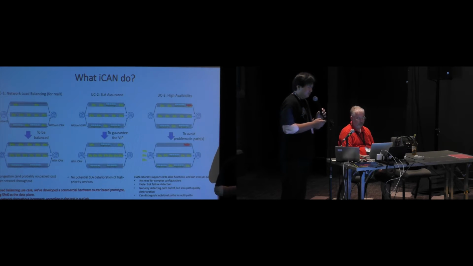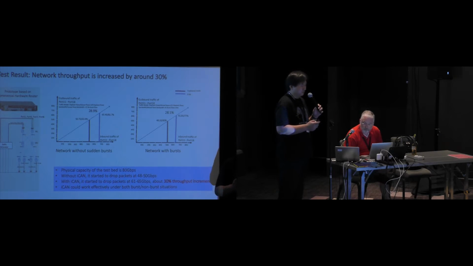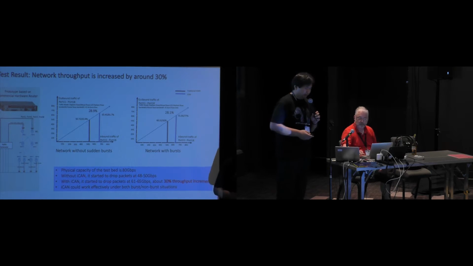And for use case one, the network load balance, we have already implemented a prototype based on a commercial hardware router. And according to our test in the laboratory, the whole network throughput could be increased by up to 30%, which is a really good result.